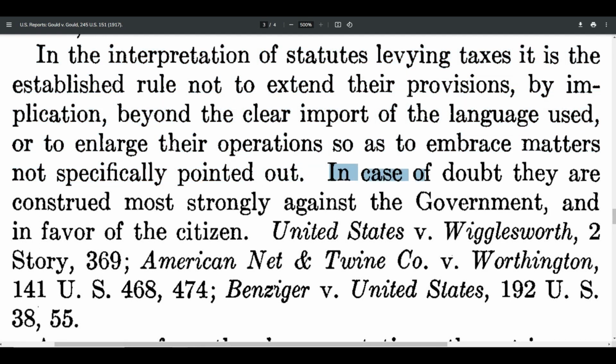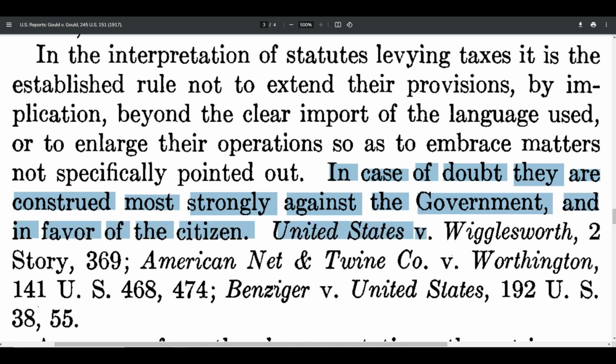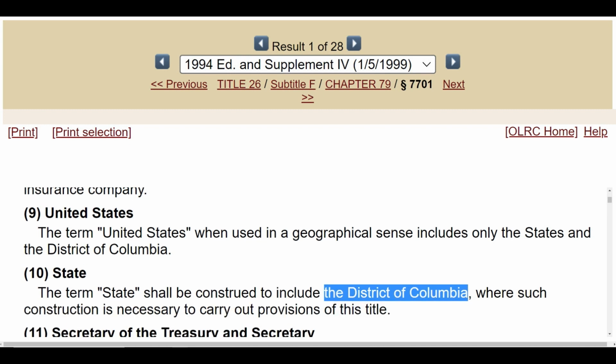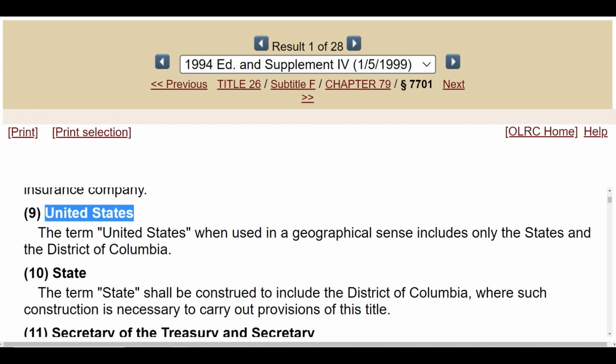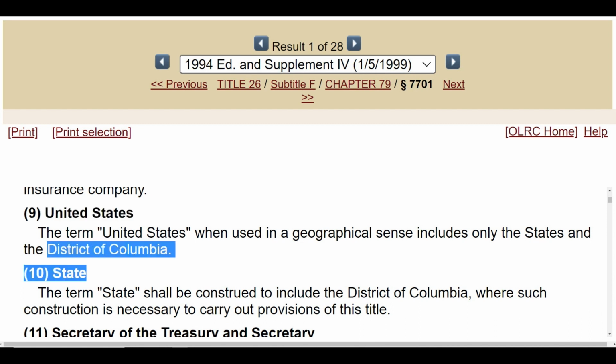And in case of doubt, tax laws are construed most strongly against the government's power to tax and in favor of a citizen not being taxed. Yep. And look, the bottom line is the United States means, again, the District of Columbia.